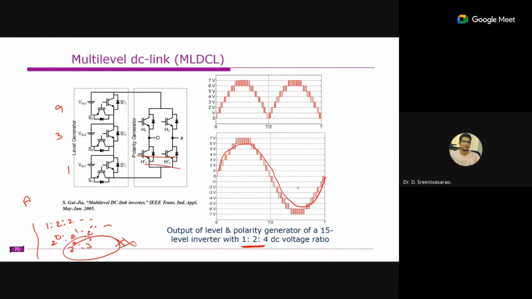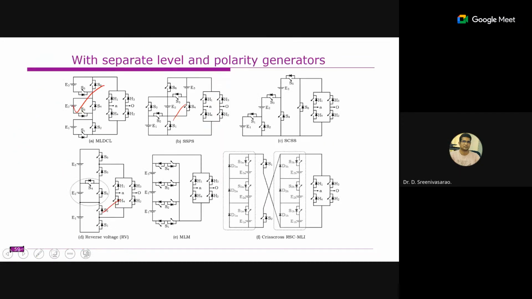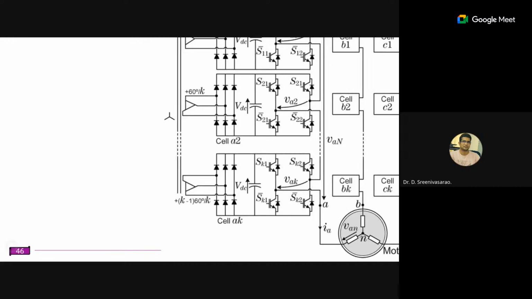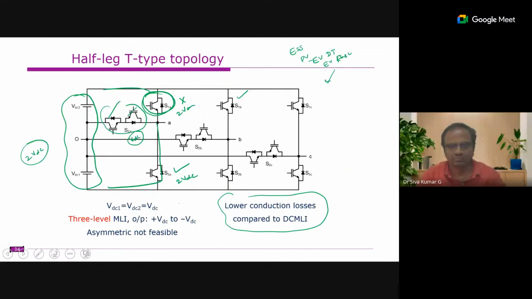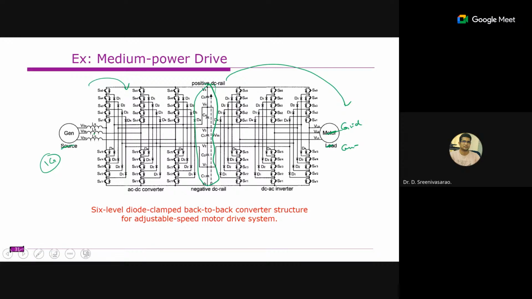Let us assume that your application is an active front end converter. I have one slide here. Let us assume this is the source, and this converter is doing the job of AC to DC conversion. Here we have to see the currents it is drawing.